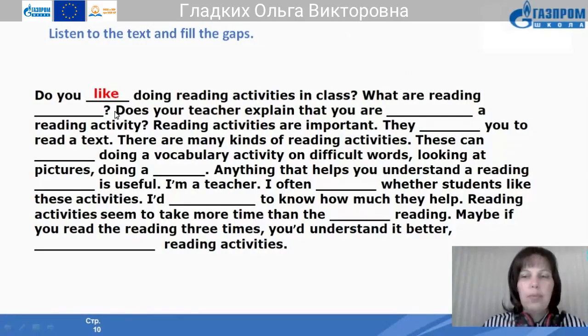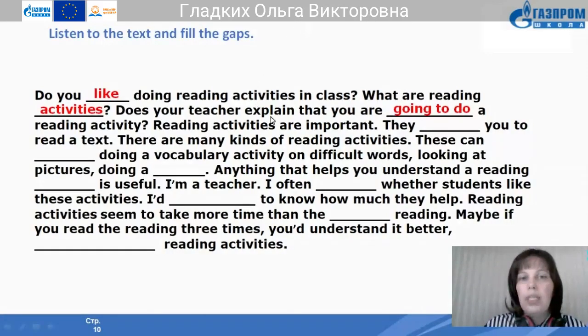So please, any ideas? Yes, activities. Does your teacher explain that you're what? That you are a reading activity. So, that you are what? Going to do a reading activity.